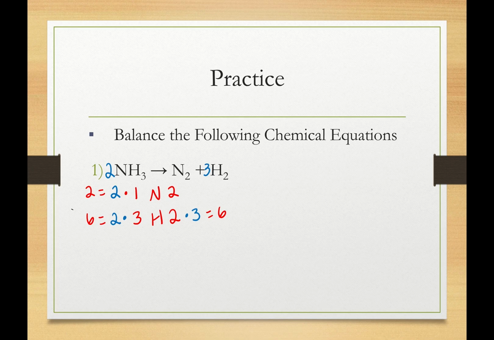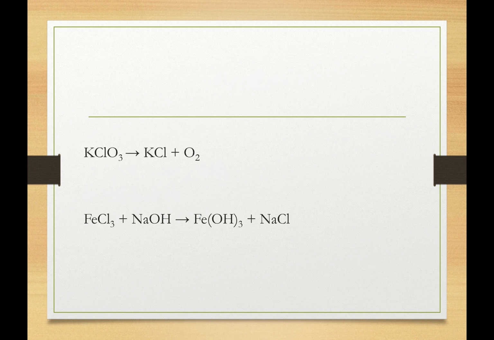So my final balanced equation would be 2NH3 forms 1 molecule of nitrogen and 3 molecules of hydrogen. These coefficients just tell us how many of each of these substances are involved here in order to balance this equation. Now let's look at a few more practical examples.